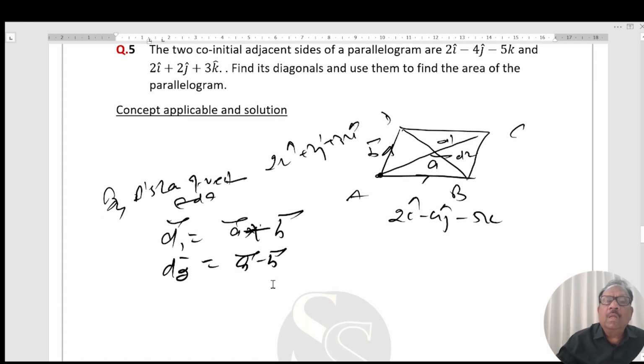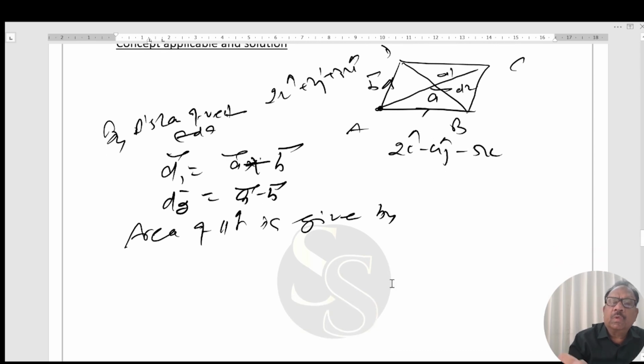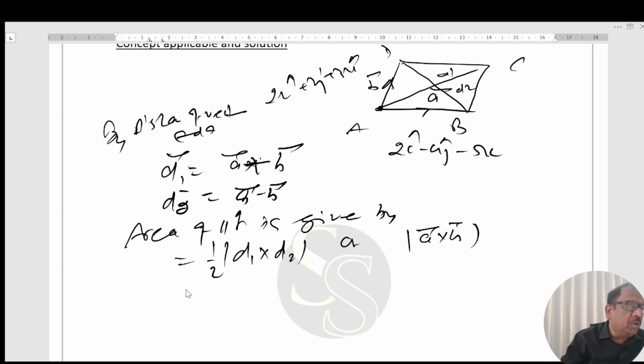Now, area of parallelogram is given by two methods. That is equal to half of D1 cross D2, or A cross B. If diagonals are given to you, use those, otherwise these are the sides.